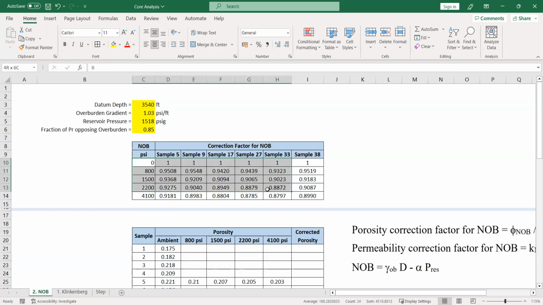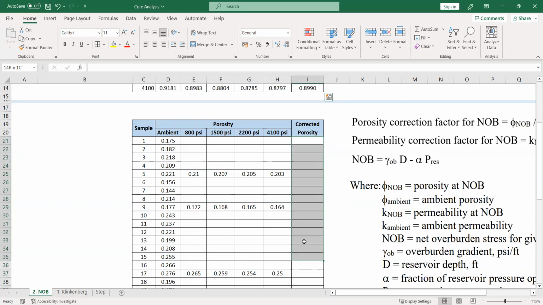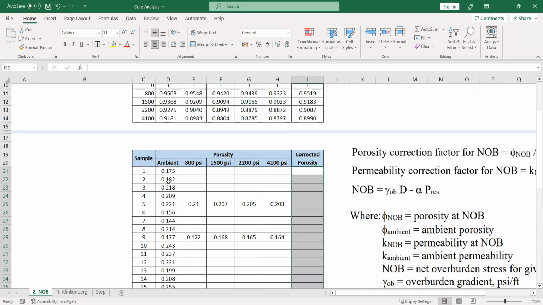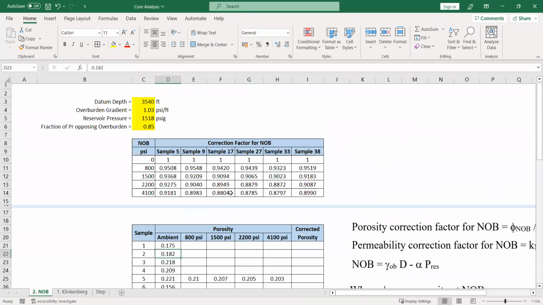If we have these values, how can we use them to predict or correct, to get the corrected porosity for any ambient porosity information that we have? That's the thing.